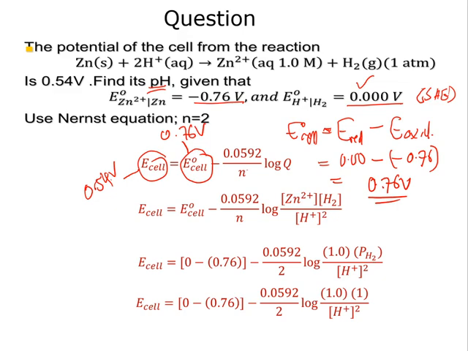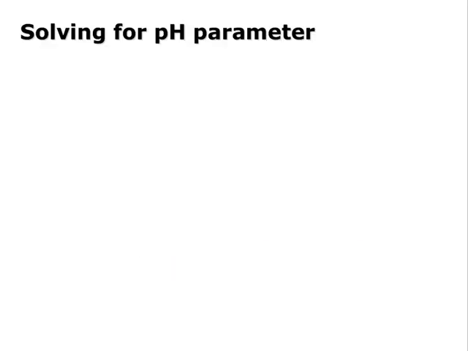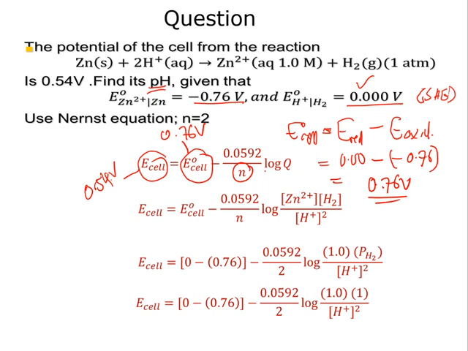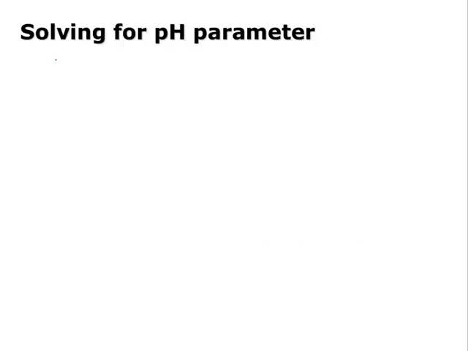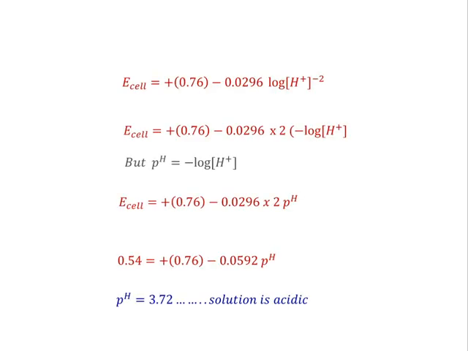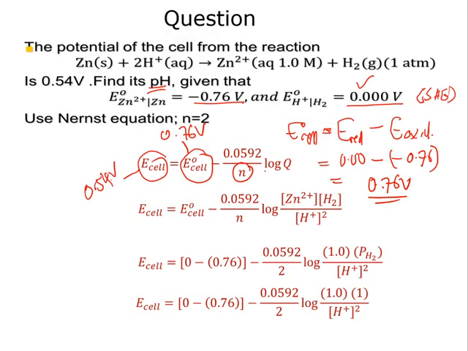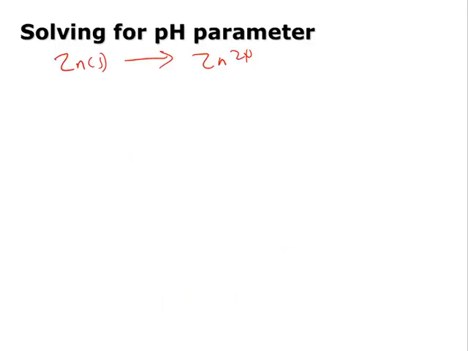Then the second step is to determine the number of electrons involved in the reaction. Let's look at the equation. We have zinc solid giving you zinc 2 plus, right? This is what we are seeing here. Then from the other side, we have 2 hydrogen plus giving you hydrogen gas.